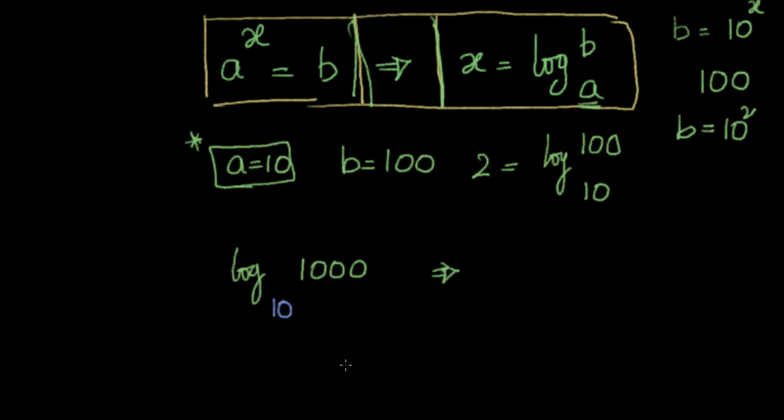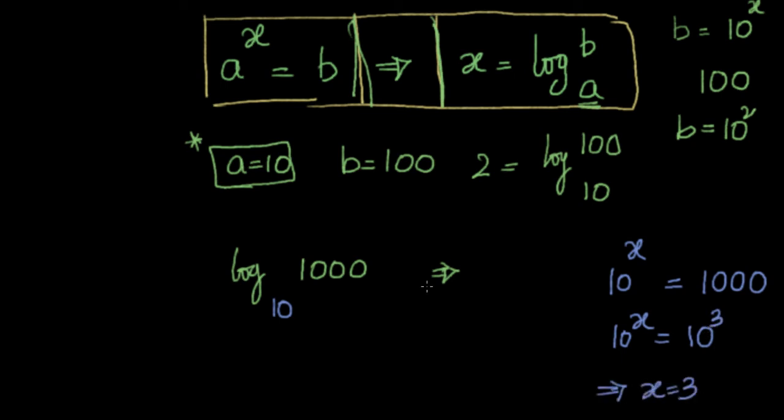Now what is the definition? 10 has to be raised to some exponent, which is the logarithm of 1000, such that it equals 1000. So 10 to the power x is equal to 1000, and I can write 1000 as 10 cube. This gives x equal to 3. So the logarithm of 1000 is 3.